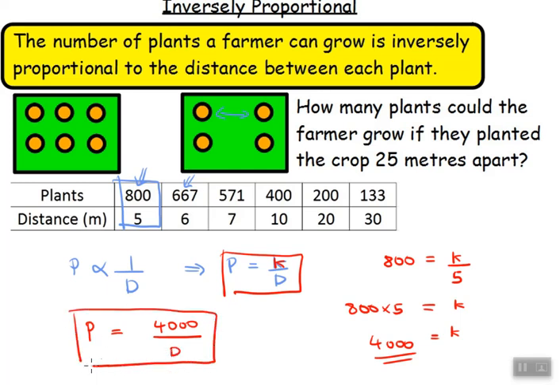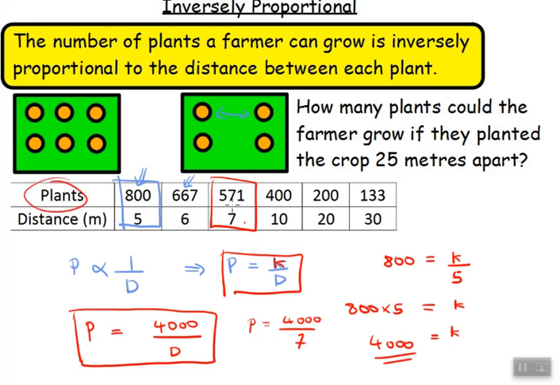Now, just to show you that this formula works, let's use that one there. It may be a bit of a rounding error, but if we put 7 for the distance in, 4,000 divided by 7 is 571.4, but we'll round it to 571 because we're talking about physical objects here.